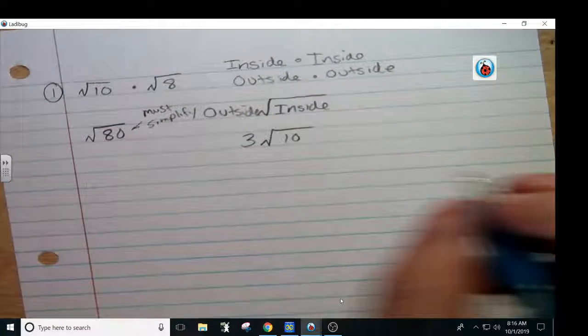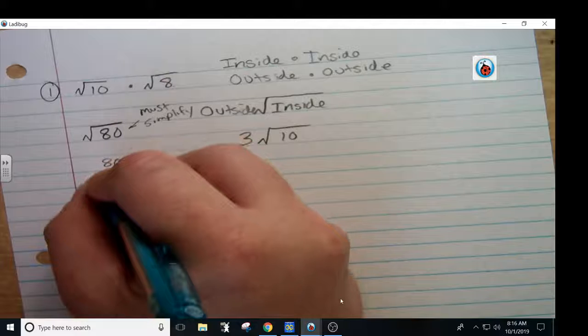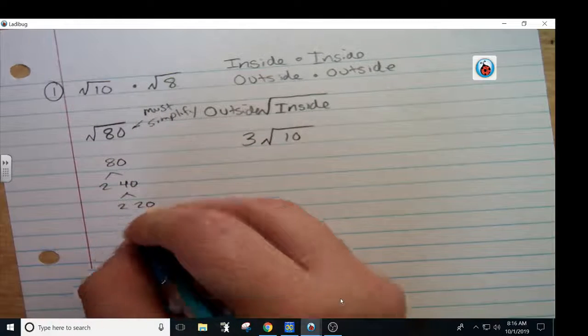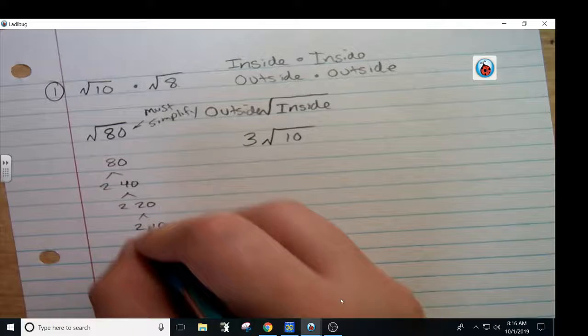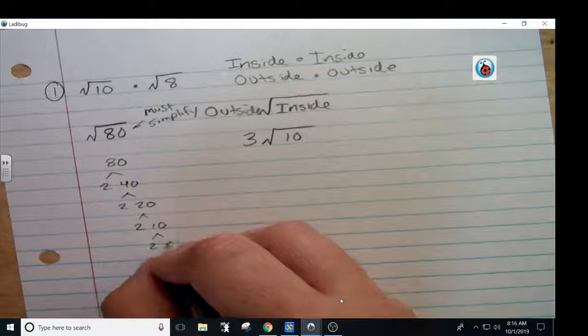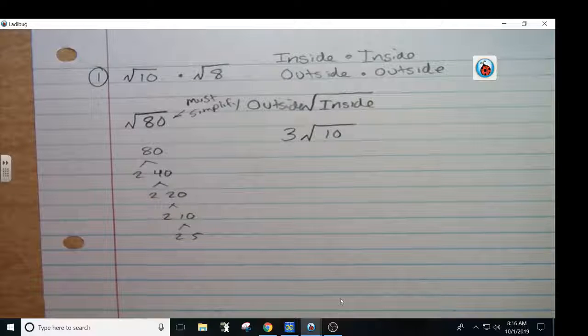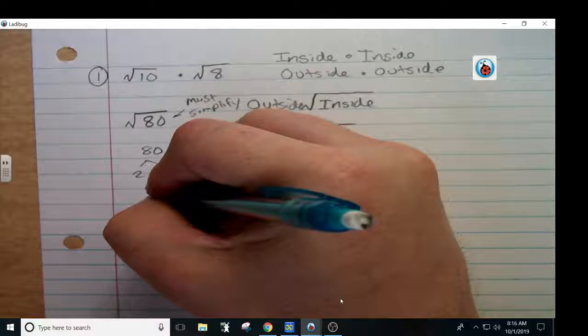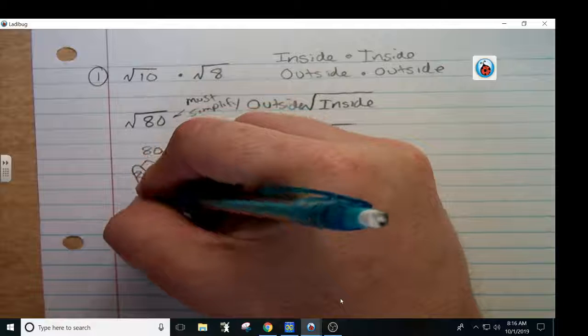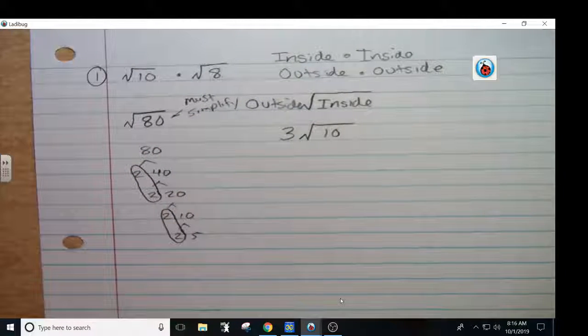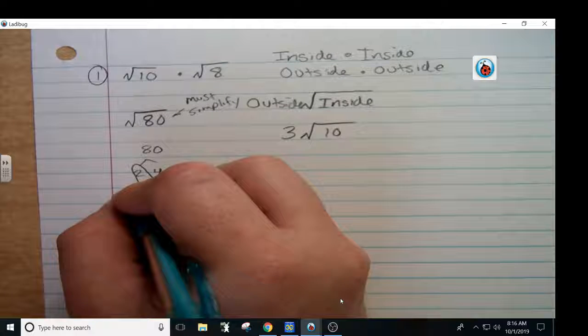So that's going to be 2 and 40, 2 and 20, 2 and 10, 2 and 5. I broke it down, and now I'm circling pairs of the same number. So bring out that 2 there.